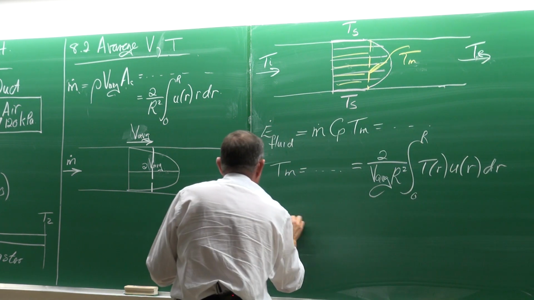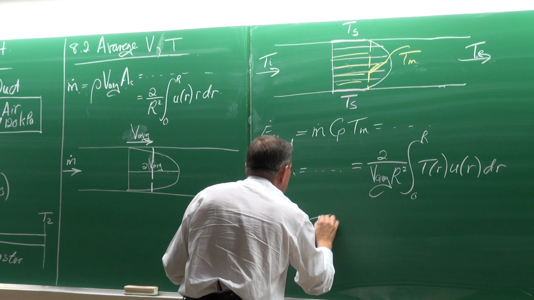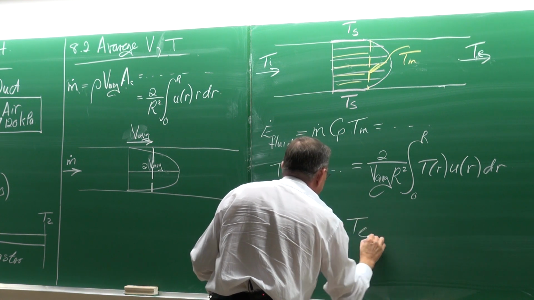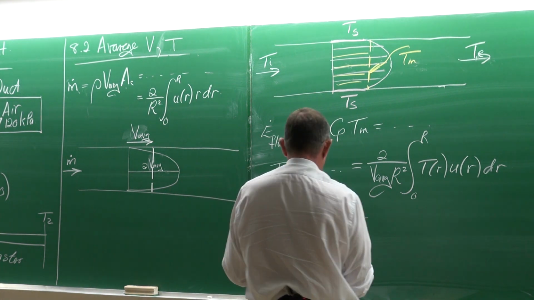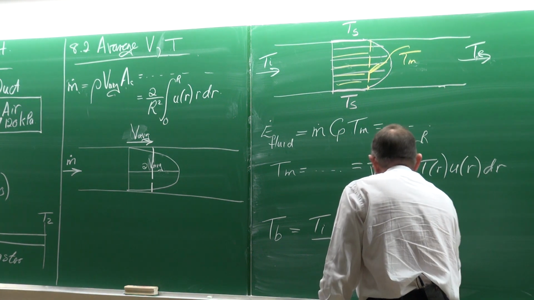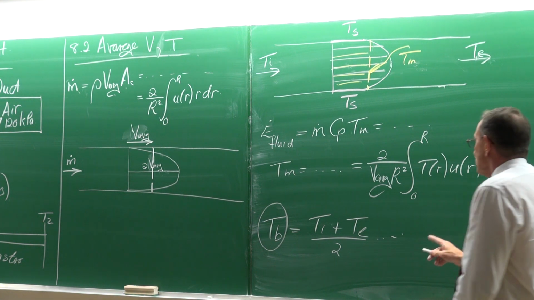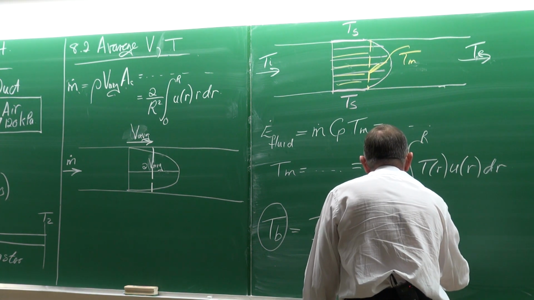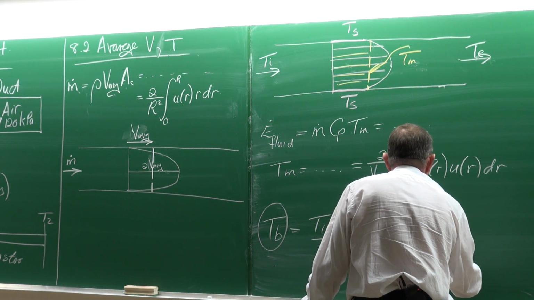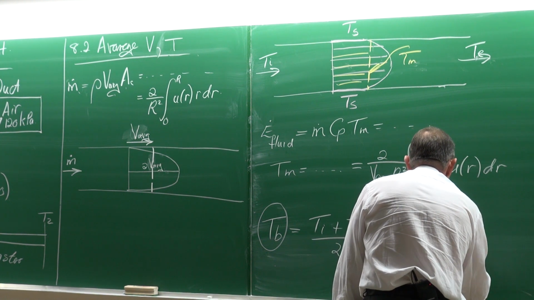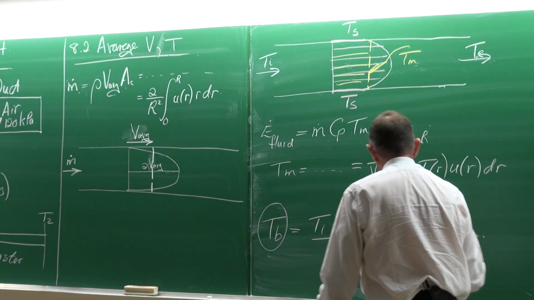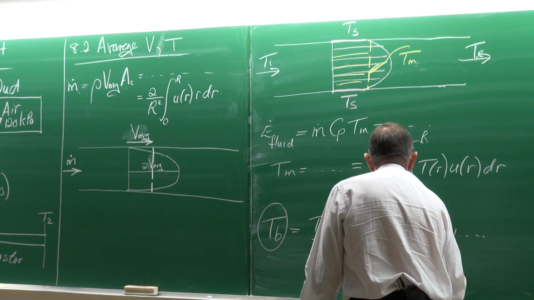The bulk temperature is equal to the inlet plus the outlet divided by 2. And normally we use this temperature, the bulk temperature, to get the properties of the fluid: the rho, the Cp, the viscosity, everything, all the properties.